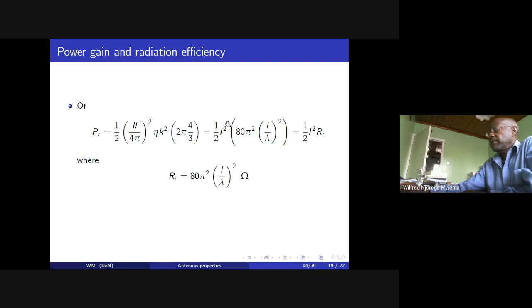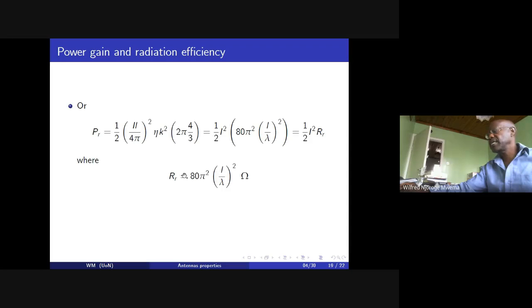And therefore, by comparison, we can always see this value here. Remember, we have substituted the intrinsic impedance of free space, which is 120 pi. That's where the 40, or the 80, is coming from, because we are going to divide by a half. And therefore, we get a value of 80 pi squared (L over lambda) all squared. And now we see what we were talking about before. For the Hertzian dipole, we said that L was much smaller than the wavelength of the signal.